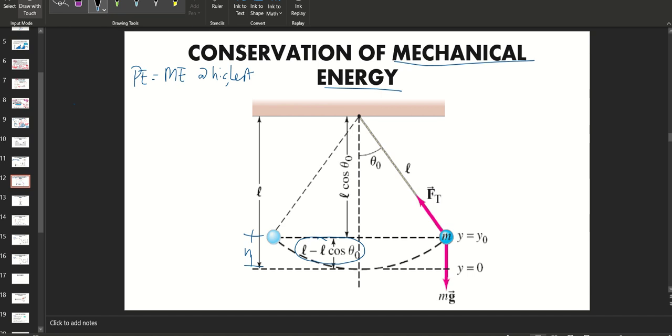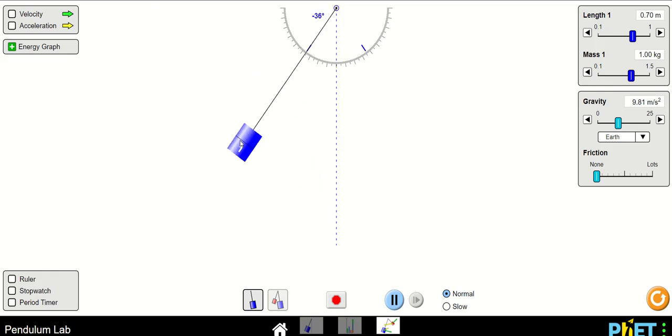Malalaman mo naman yung angle na yan kasi yan yung maximum niya. Titigil siya sa ganyan. Kung sinabi kong 40 degrees yan, yan lang talaga yung maximum niya. Hindi na magbabago yan. Ibig sabihin, yan na yung magiging angle mo, 40 degrees.